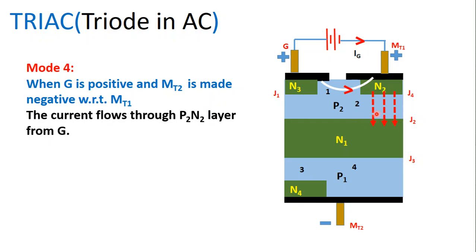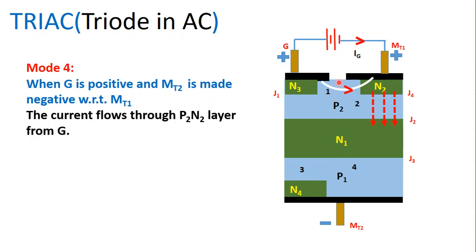As soon as the electrons are injected into this P2 layer, one gate current will flow, shown by this first white arrowhead, from the gate terminal to the MT1 terminal through the P2 and N2 junction.